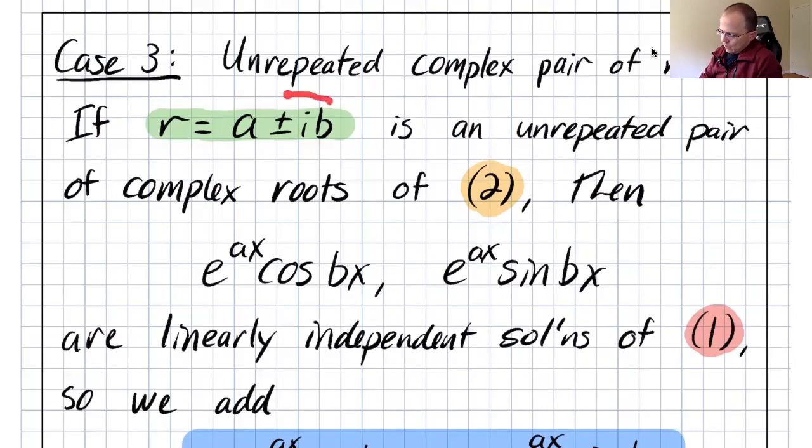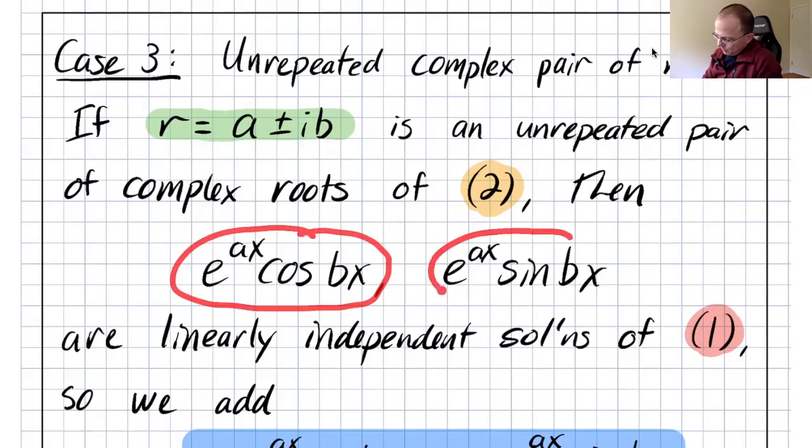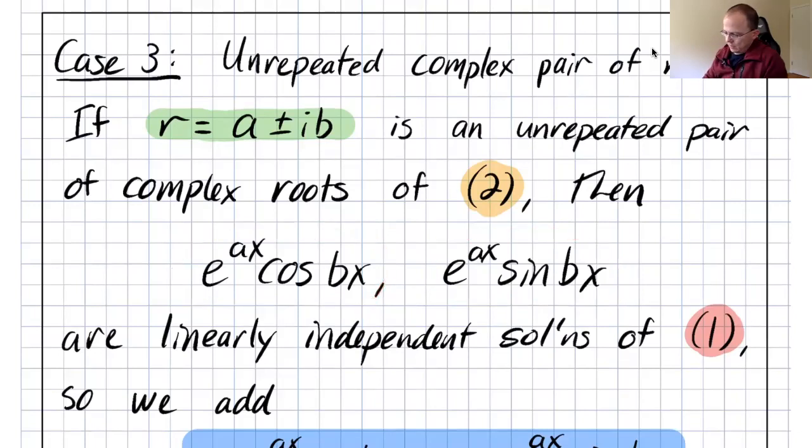So if we have this complex pair of roots and it's unrepeated, then this indicates that we have two linearly independent solutions of the differential equation.